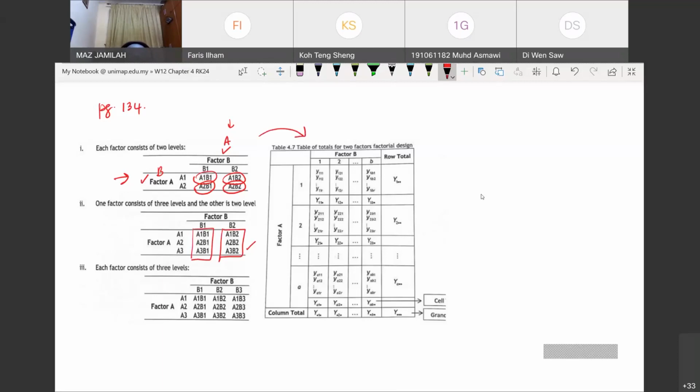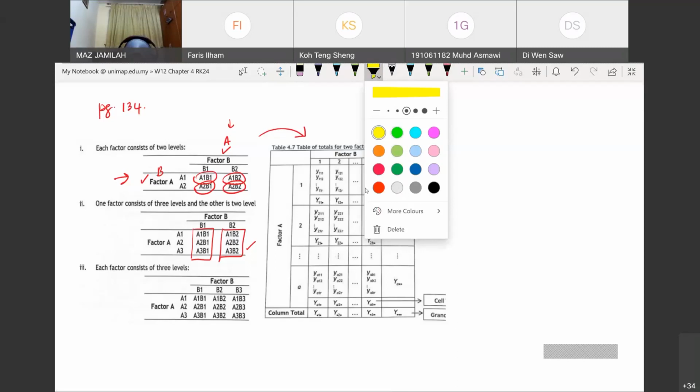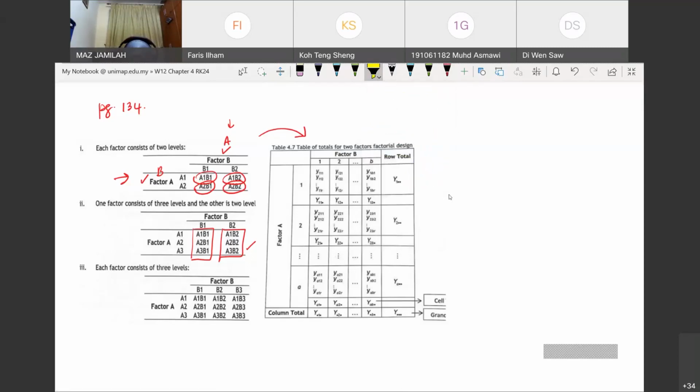Okay, so if we represent our table of totals, what should you highlight from here is this one. You can have your row total.